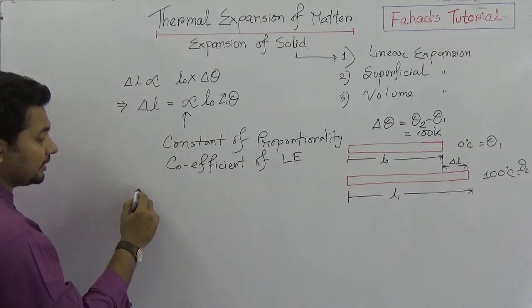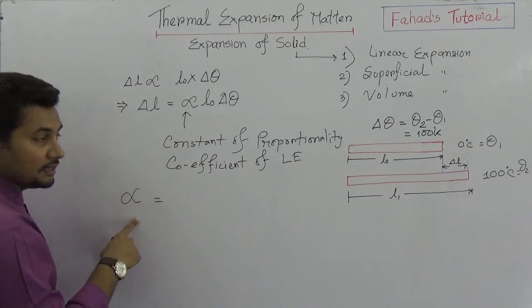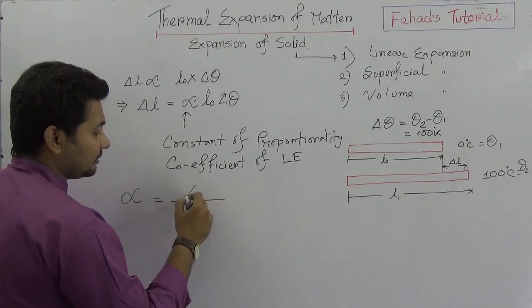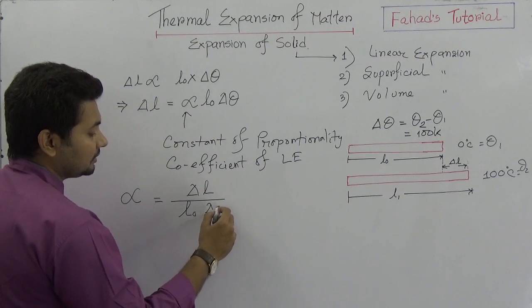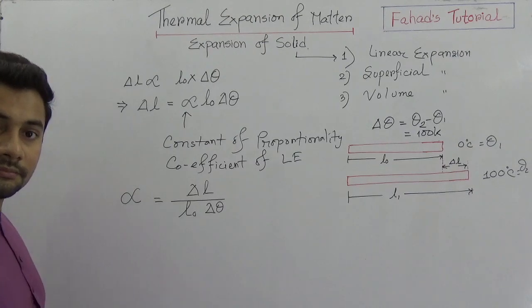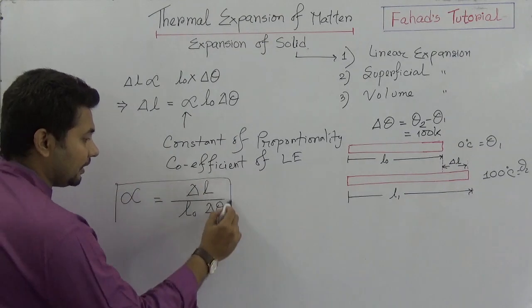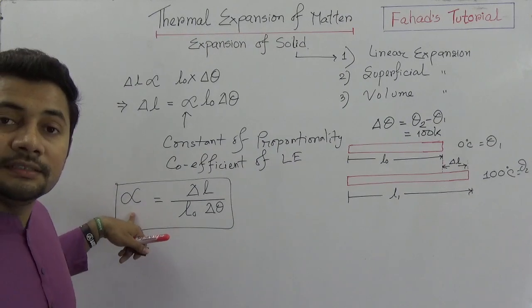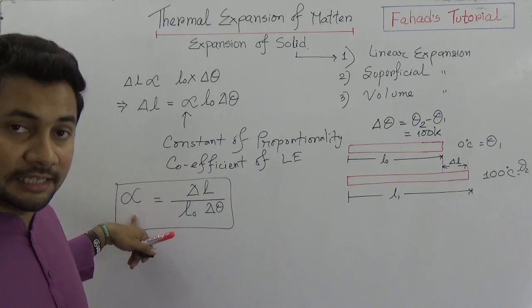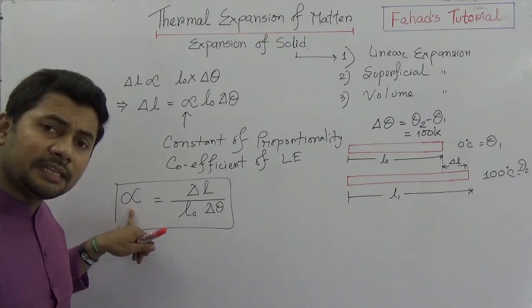Now if I want to define alpha, then we can say that alpha is equal to del L divided by L naught del theta. This is the equation of alpha, the coefficient of linear expansion. And what does it mean actually?